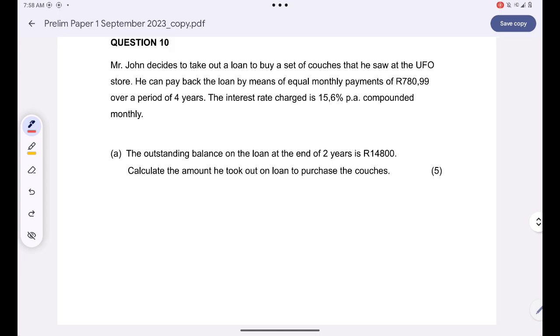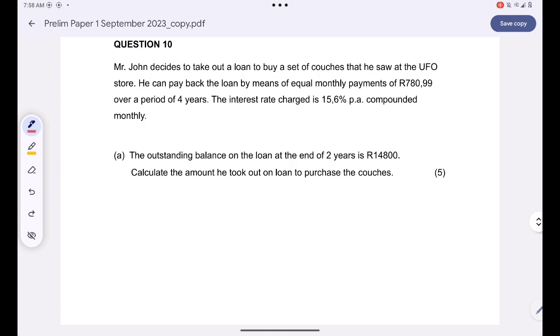Okay, we are told that Mr. John decides to take out a loan to buy a set of couches that he saw at the UFO store. He can pay back the loan by means of equal monthly payments of 780 rands 99 cents over a period of 4 years.